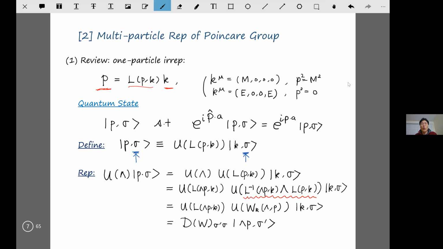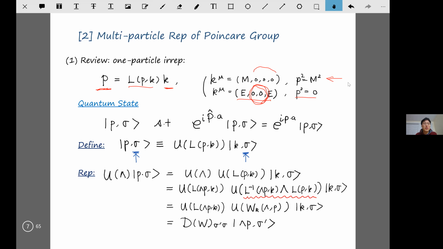For a massive particle, I can go into the rest frame, and there is a group transformation that leaves this K invariant, and that is, as you see from here, an SU(2) transformation. For a massless particle, on the other hand, you cannot go into the rest frame, but you can go into a reference frame like this. In this case, the little group, or the transformation that leaves this standard momentum invariant, is U(1), and that is the helicity part.